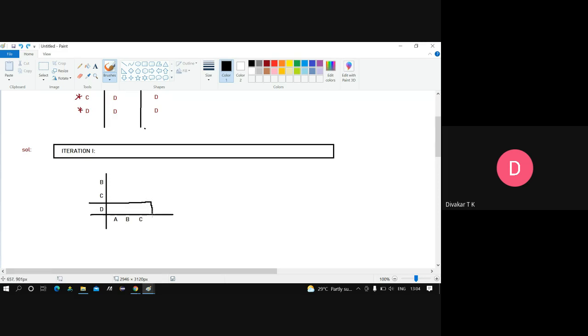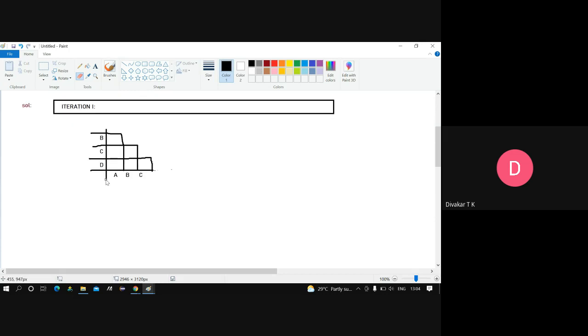You have to mark like this. Very easy it is. So the table should look like this. Once we are done with this, the table is very easy for us.